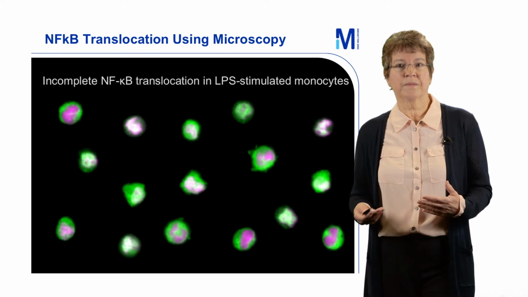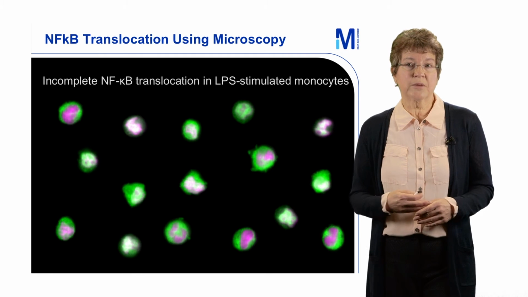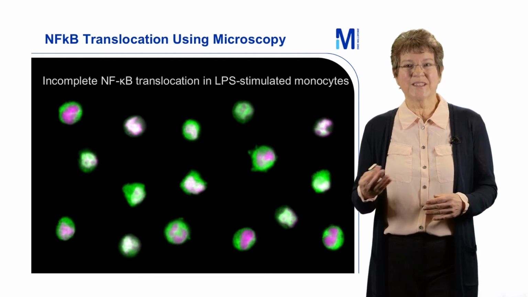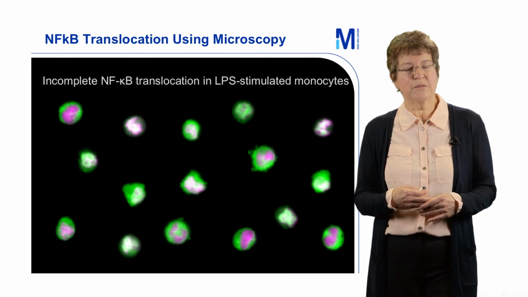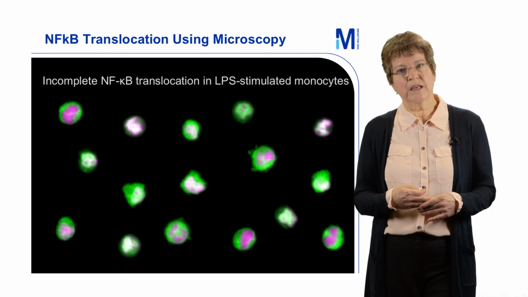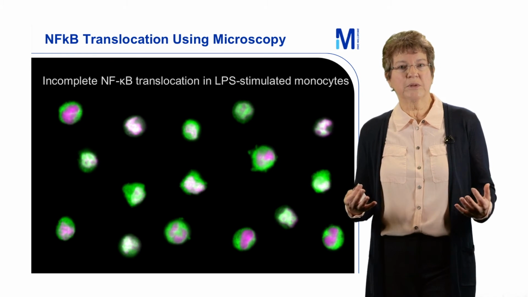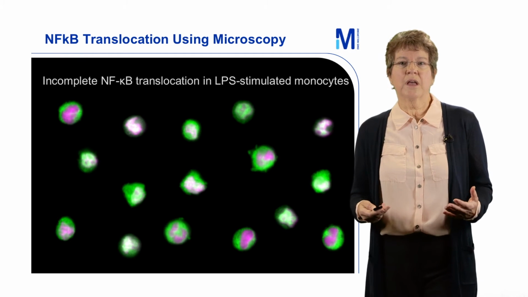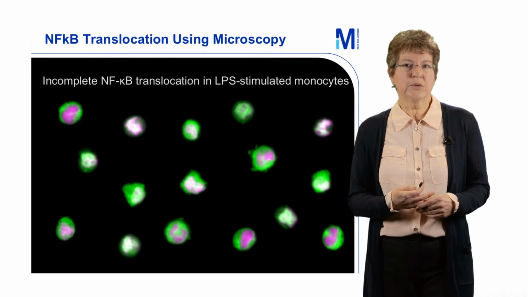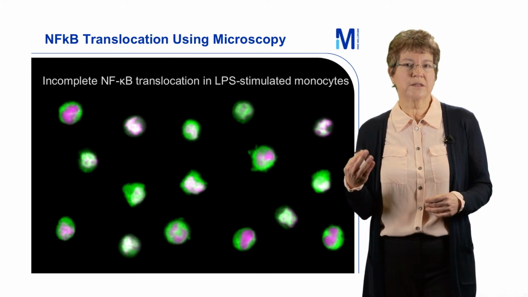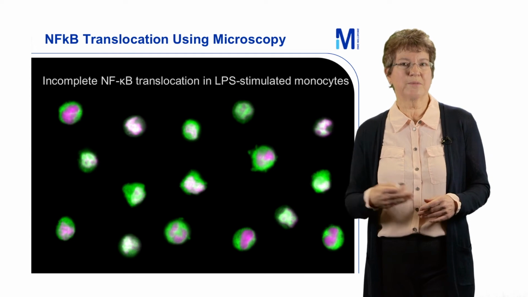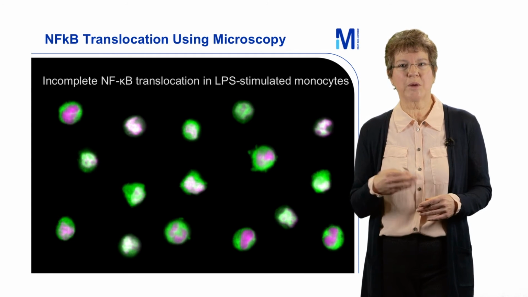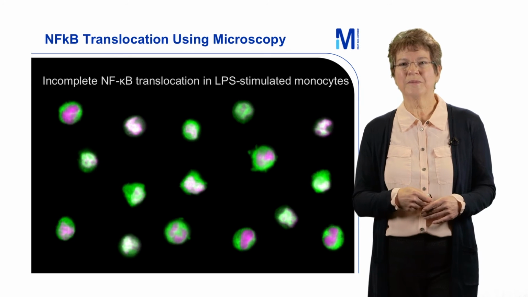And now let's look at microscopy. This is an example of stimulated monocytes using LPS, and it's incomplete, so it's an intermediate dose. Again, NFkB is in green here, and then the nucleus was stained with DAPI, so it's this bright purple pseudocolor.